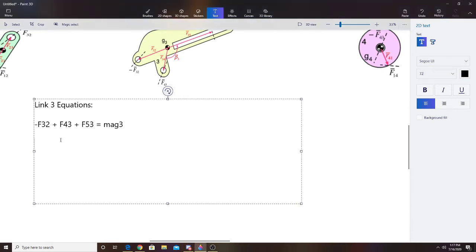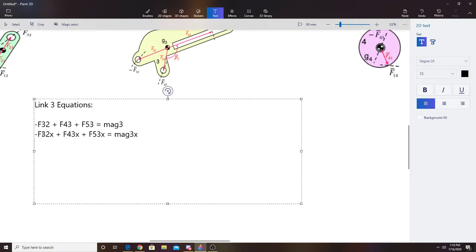Anybody? The components. Agreed. So we have our x component equation, which would be minus F32x plus F43x plus F53x equals m a3x. Right?